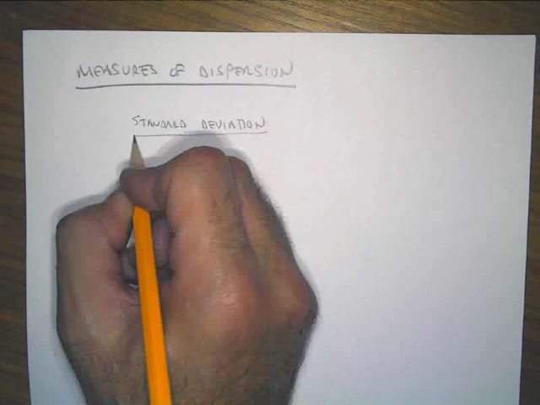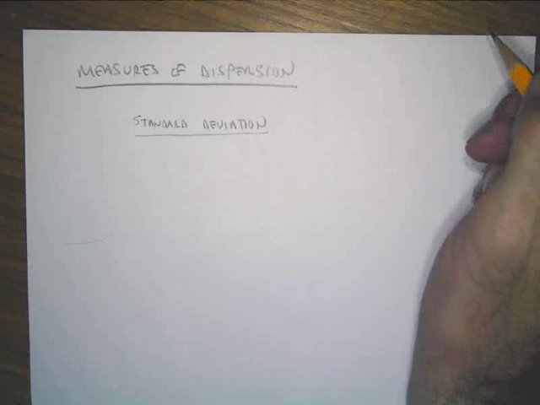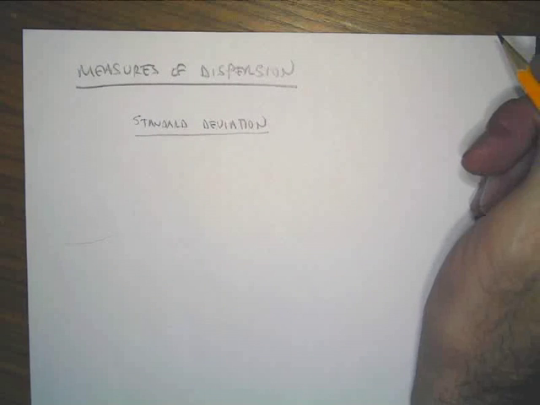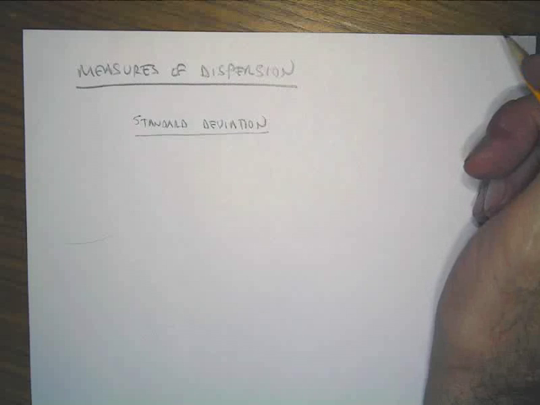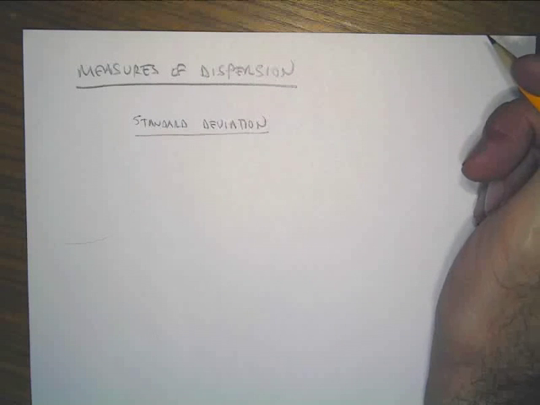Now, we previously talked about range, which is the largest value in the data set minus the smallest value in the data set. And while that tells you how far apart the data is from smallest to largest, it's not necessarily the best measure to describe how the data is spread out.